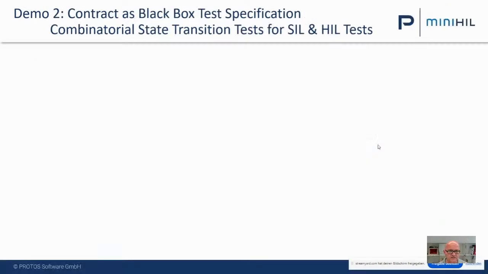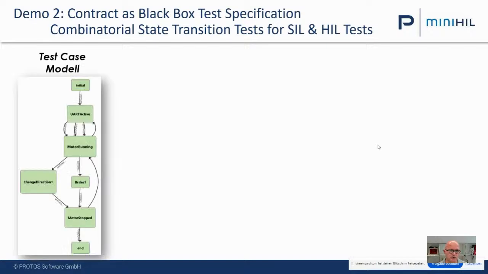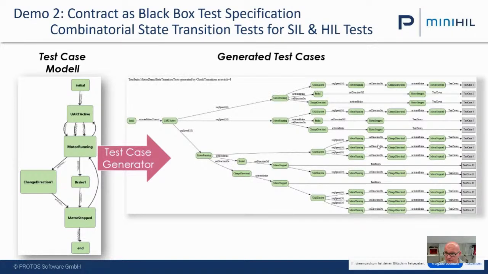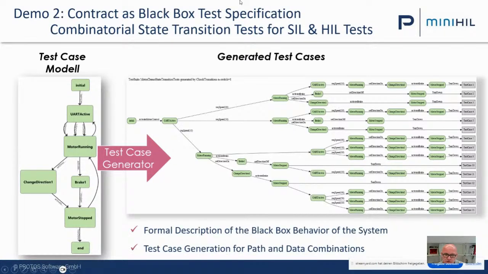So next demonstration, I'm going to show you how we can specify use contracts to specify many test cases that try to break your system. That's a formal description, a black box description of the behavior of your system, and a test case generator for path and data combinations to try to break your system, to prove in the sense that it works really robust.